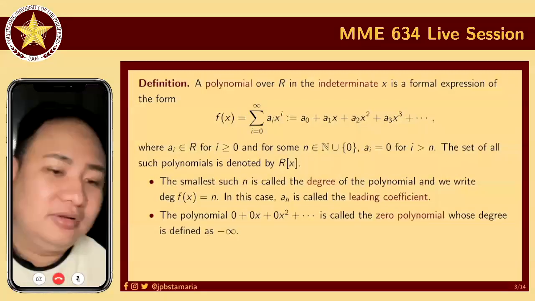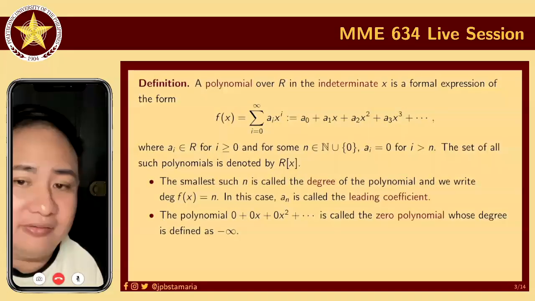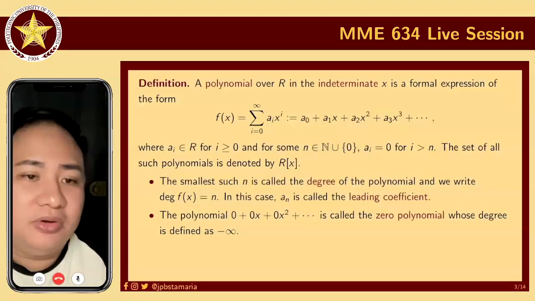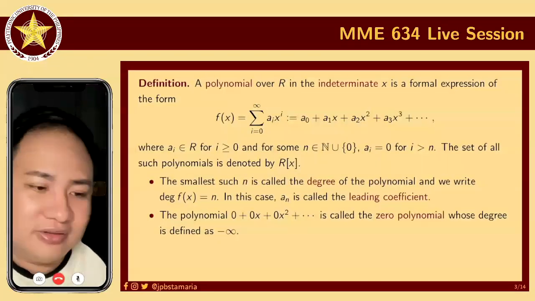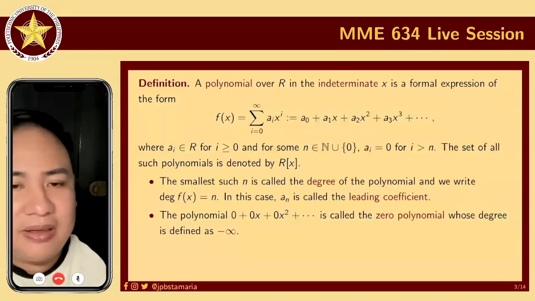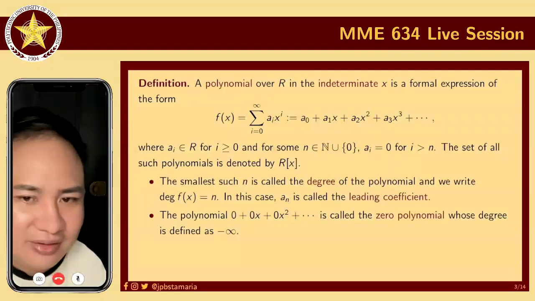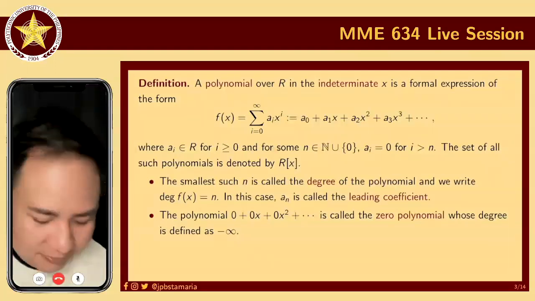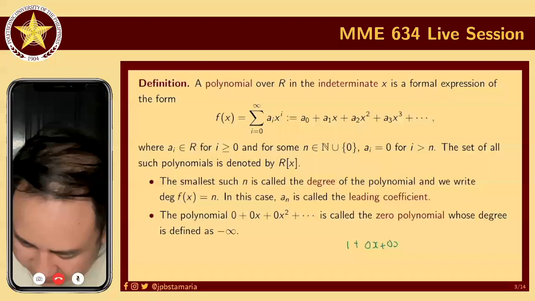I think most of the high school books will not define the degree of the zero polynomial. Sasabihin lang, the degree of the zero polynomial is not defined. Kasi parang wala siyang huling non-zero eh. From the start, zero na siya eh. Diba? Pero yung mga ganito, halimbawa, 1 plus 0x plus 0x squared, yan. Degree 0 to.